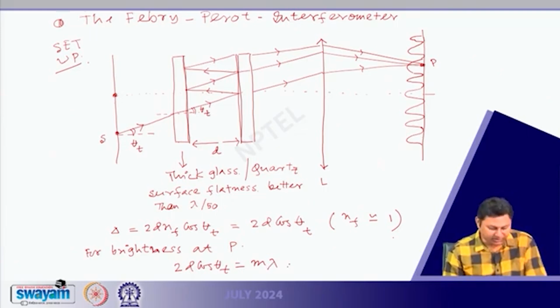That is the condition one can simply have. So, for a fixed D, you can see that the condition is satisfied at a certain angle theta, this theta t.